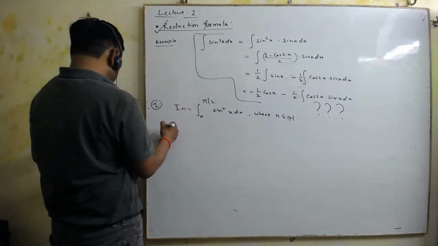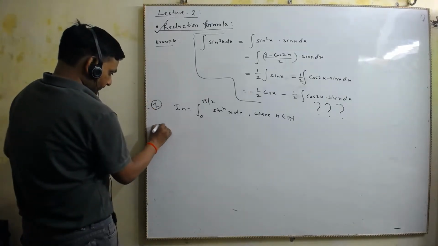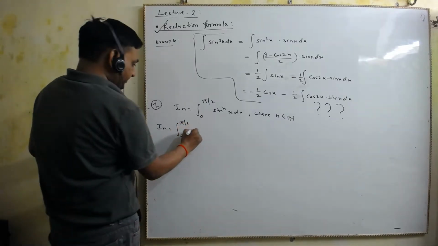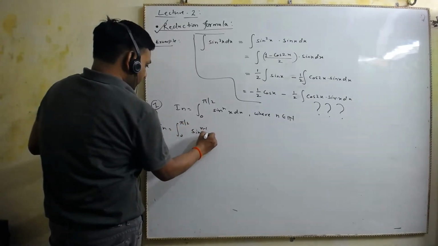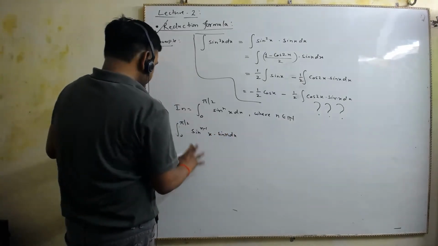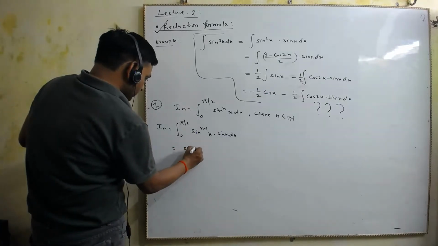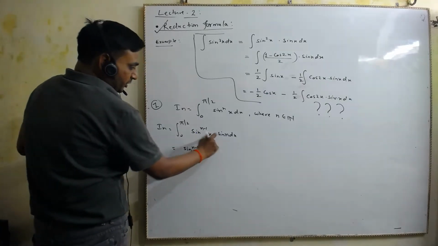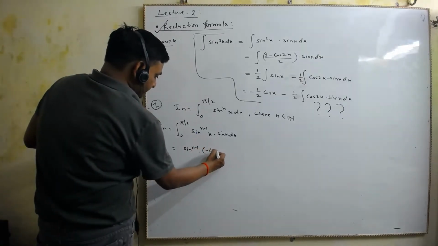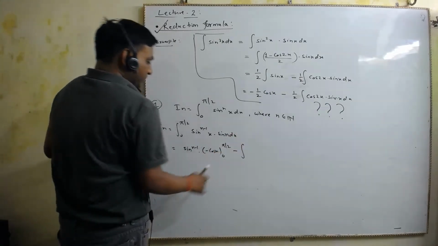So how to deal with these things? Again the logic I told you guys: sin^(n-1) x into sin x dx. Now we will apply first into second integration. So that is minus cos x from 0 to pi by 2.